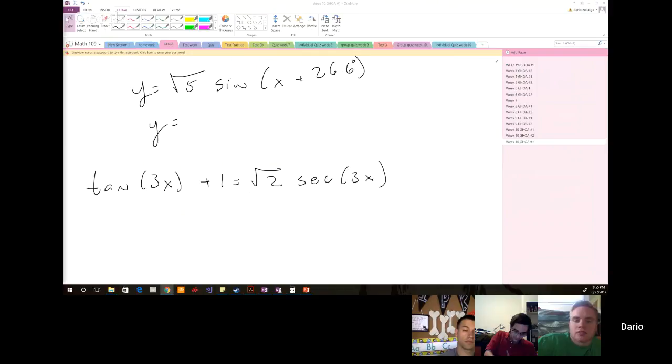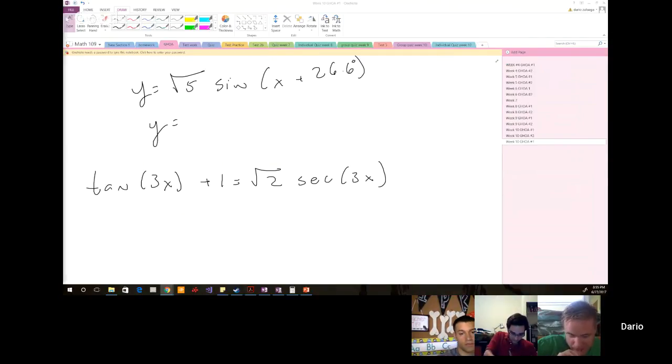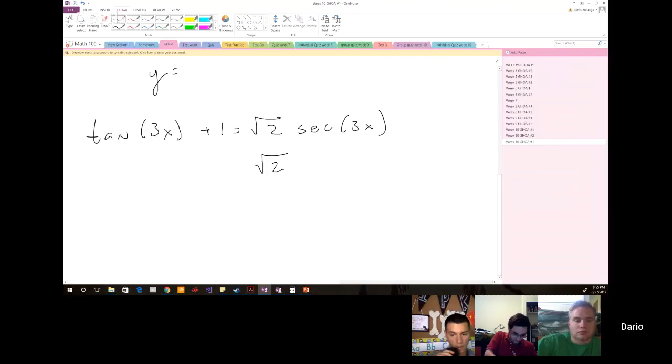Yeah. So first of all, let's probably simplify secant into 1 over sine. Okay, let's go ahead, and I need a little bit more space. Square root of 2 is 1 over sine times 3x.